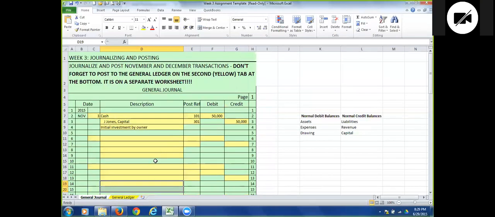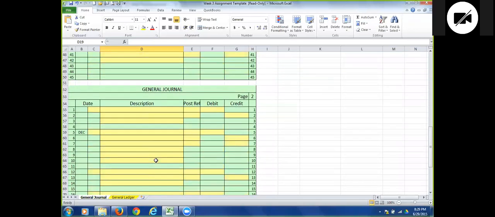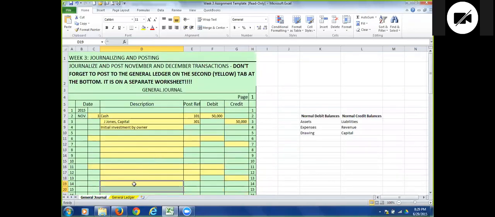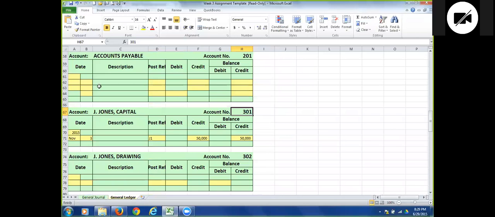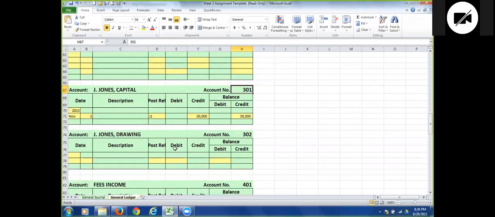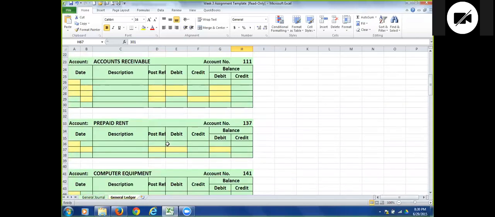But you don't have to fill out both for the description. But that's a very good indication that everything highlighted in yellow needs to have something entered. Same with the general ledger. You can see there's a bunch of yellow boxes. That's a very good example that everything in those yellow boxes should have something.